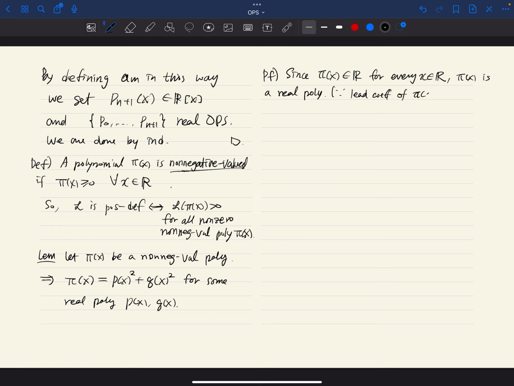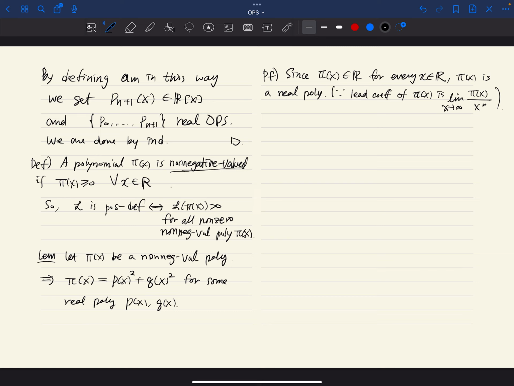If the degree is n, you divide pi by x to the n and take the limit as x approaches infinity; only the leading term survives, so you get the leading coefficient. This is of course real because pi is real valued. So the leading coefficient is real, you can get rid of it, and you can repeat this, and then you get that all the coefficients are real. So a real polynomial is almost immediate.